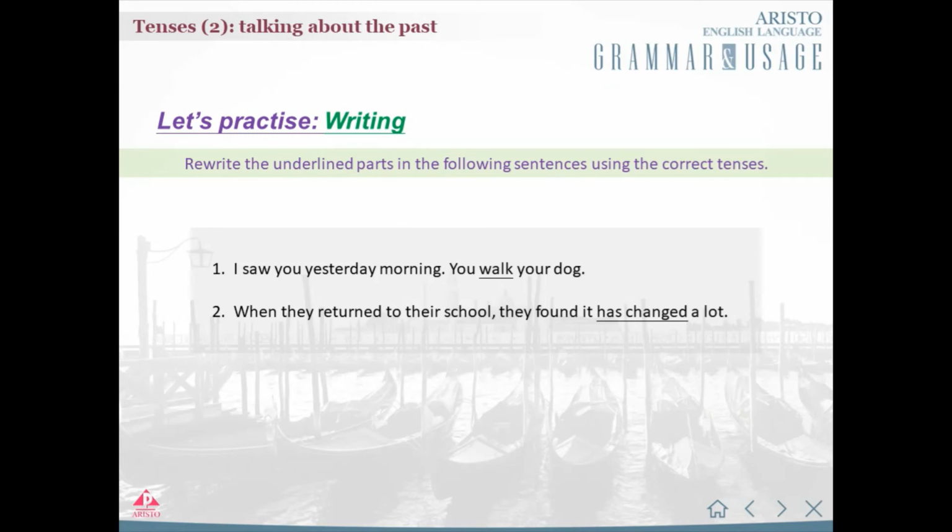Now, let's practice writing. Rewrite the underlined parts in the following sentences using the correct tenses.